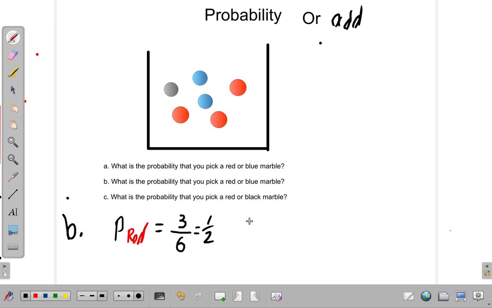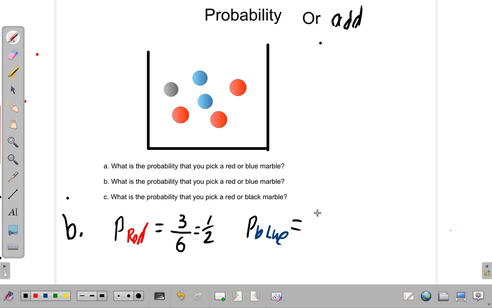Now, we also want to look at the probability that the marble you pick is blue, right? B-L-U-E. It's a blue marble. What's the probability?